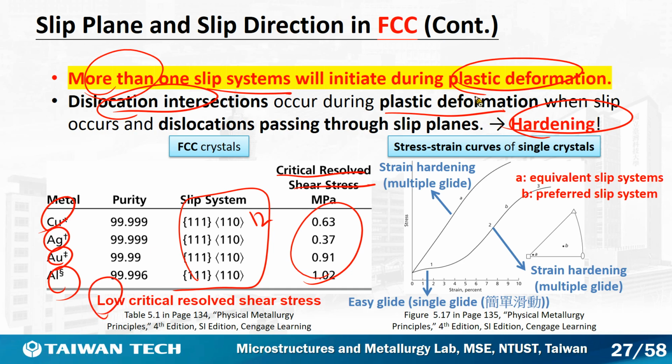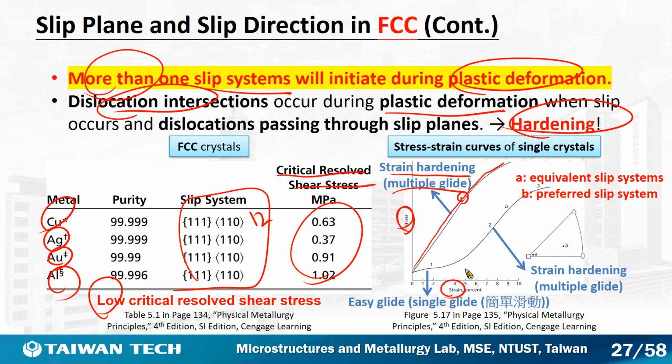And then let's see the right-hand figure. This one is the stress and strain curve. Let's see the A curve, this is the strain hardening, multiple glide. So you see here, with the increasing stress, we have increasing strain.